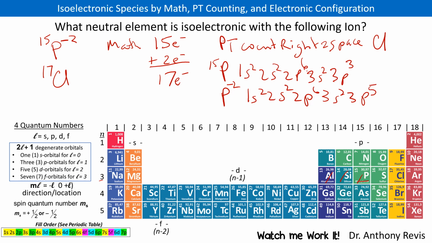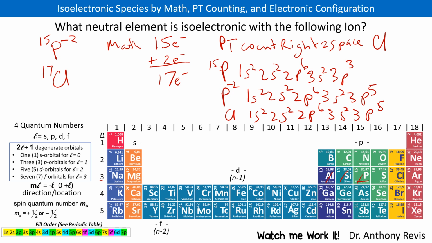So I'm going to add 2 electrons. When I add those 2 electrons, that electronic configuration looks just like chlorine: 1s2, 2s2, 2p6, 3s2, 3p5. Okay, and that's how we do isoelectronic species.